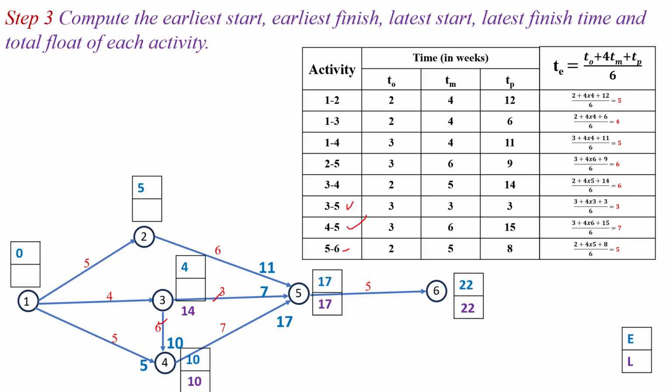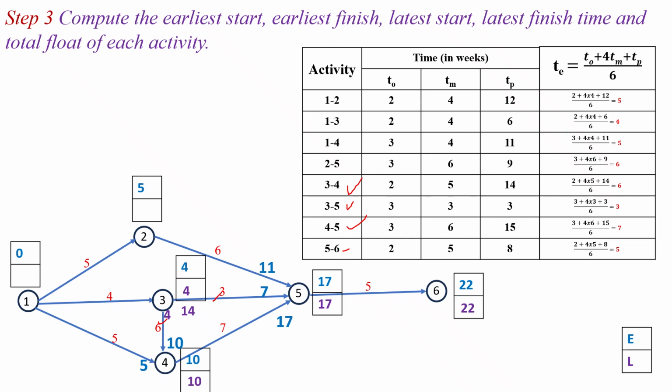So next we have to look for the activity 3 to 4. For the activity 3 to 4, latest finish time is the 10 and latest start time will become the 10 minus 6, which is equal to the 4. So latest start time at the event 3 will become the minimum of the 4 and 14, which is the 4. Then latest start time will become the 4.